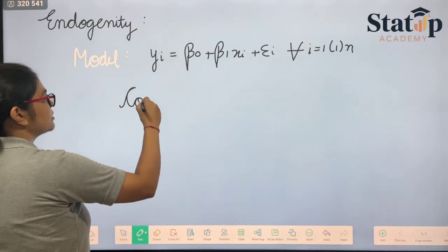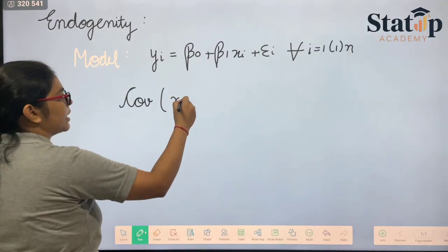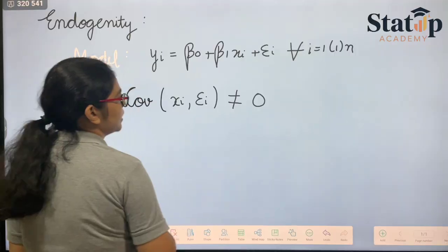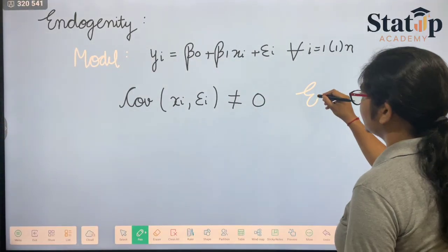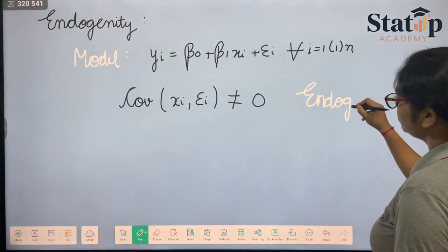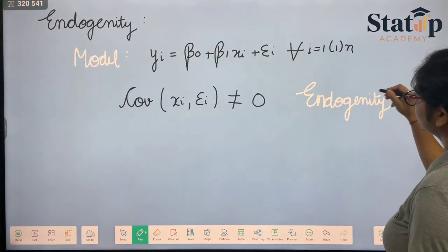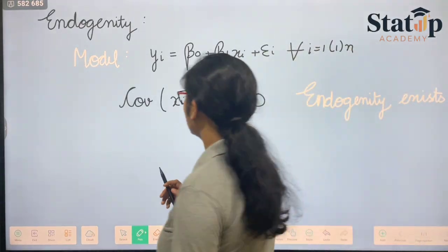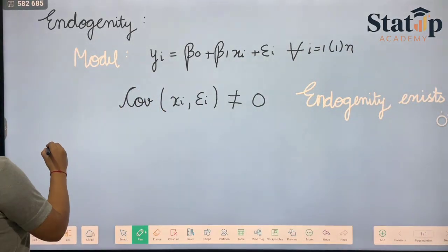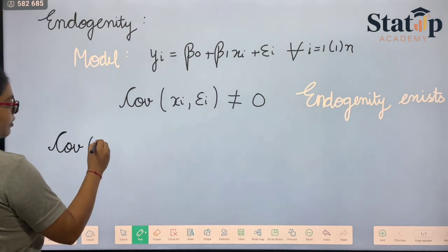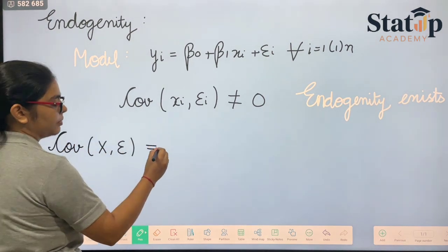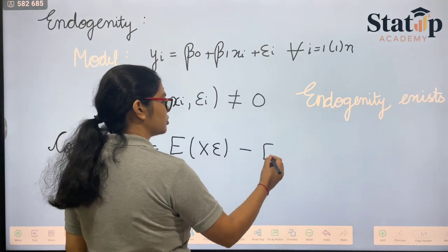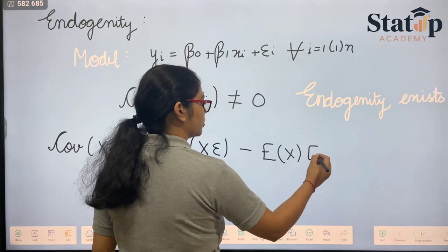That is, covariance between xi and epsilon i is not equal to 0. Then we say that the problem of endogeneity exists. Okay, so we know that the formula for covariance is covariance of x comma epsilon is nothing but expectation of x epsilon minus expectation of x into expectation of epsilon.